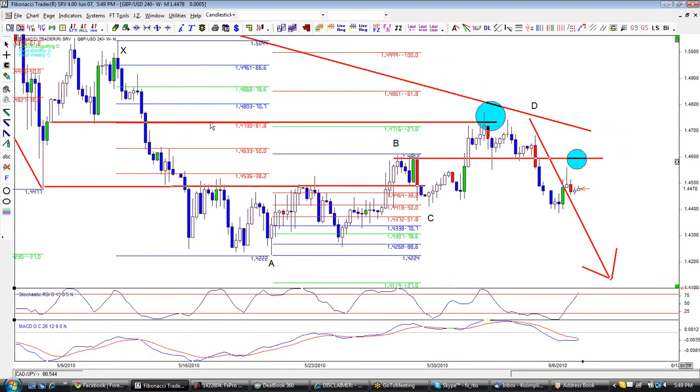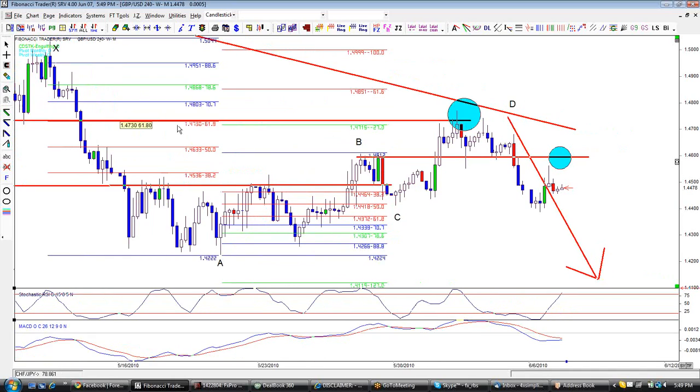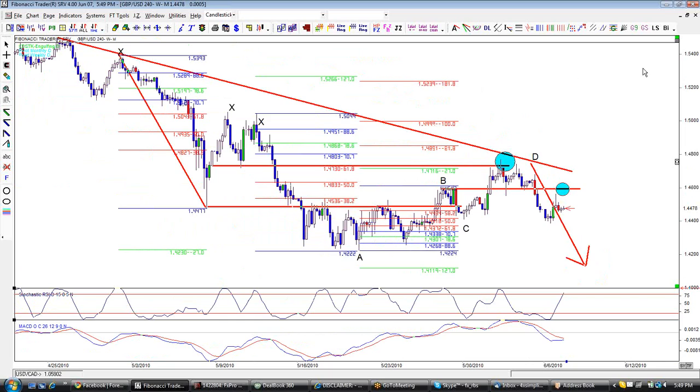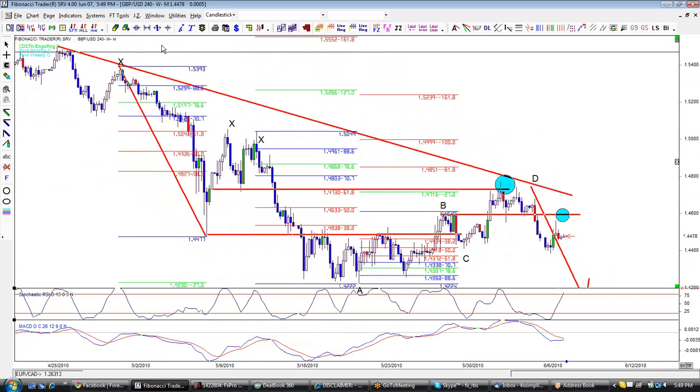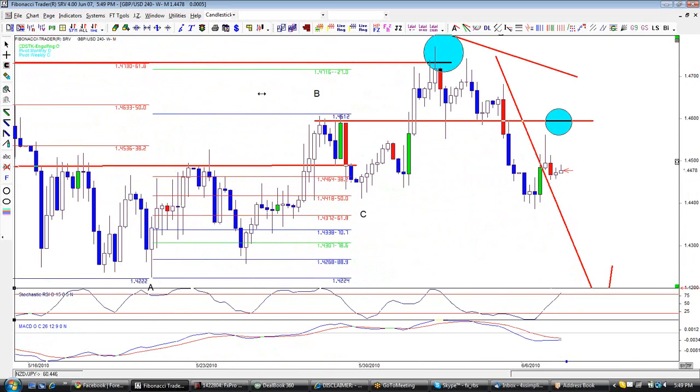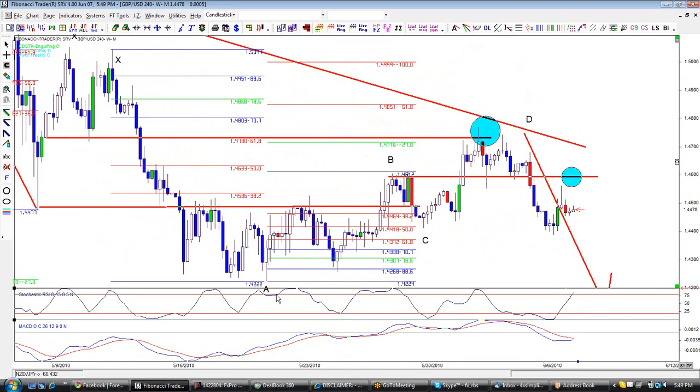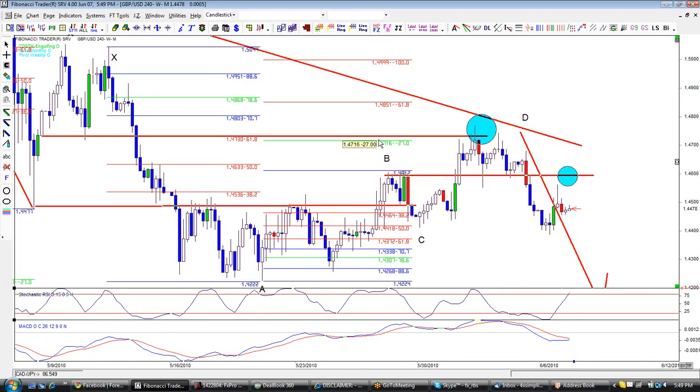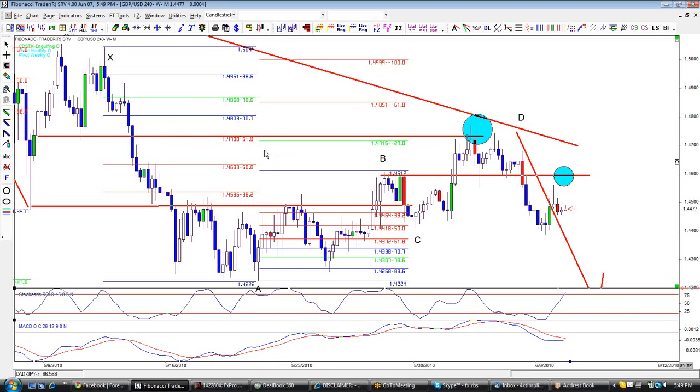Past support becoming resistance level, converging with the 618 downtrend line, passing by very close. Then I have the 127 extension, converging relatively close with the 618.